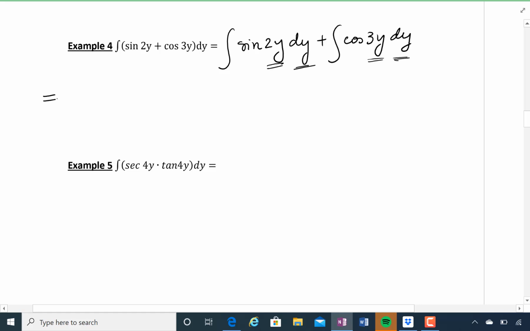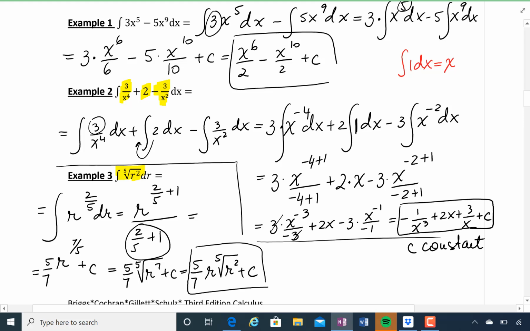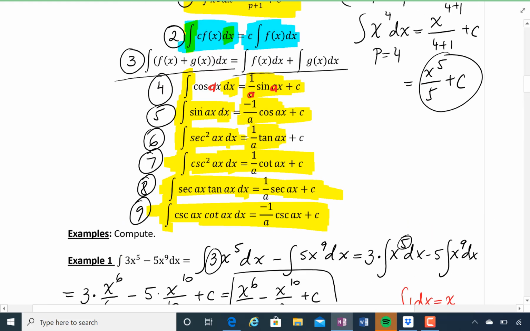Now, integral of sine of ax dx, if you look at the formulas, which one is it? It's 5, right? Let me highlight it in purple. Oh, okay. So purple with yellow is red. Interesting, right? So integral of sine of ax is negative 1 over a cosine of ax.